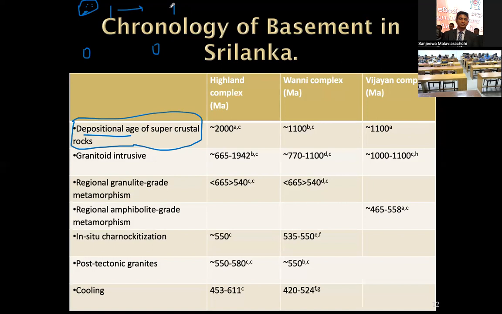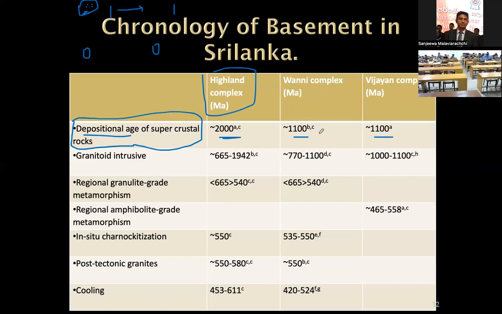Okay, so likewise, some age constraints have been determined for the three complexes of Sri Lanka. For the Highland complex, the minimum deposition age has been given as 2,000 million years, right? For the Vanni complex, 1,100 million years, and for the Vijayan complex, it's also the same, 1,100.